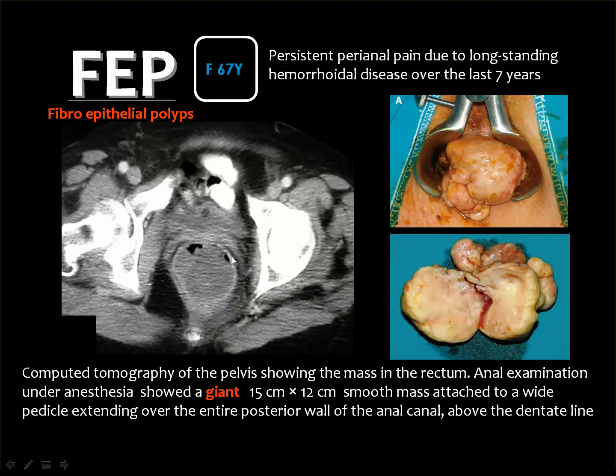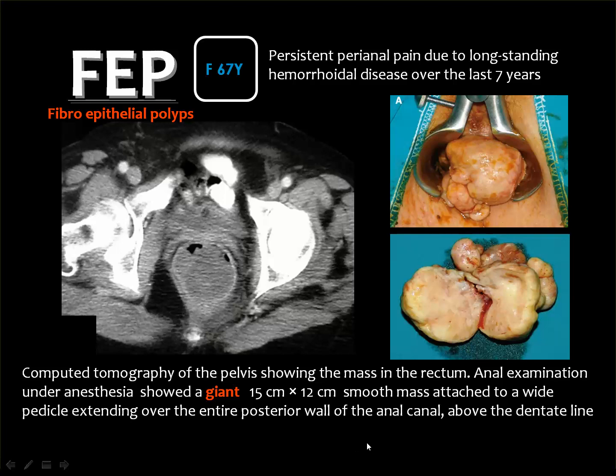Actually, if you look at this CT scan, you can see that there is an intraluminal, relatively hypodense polypoidal lesion within the distal part of the rectum and the proximal part of the anal canal.